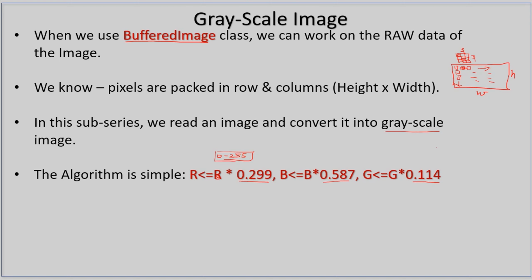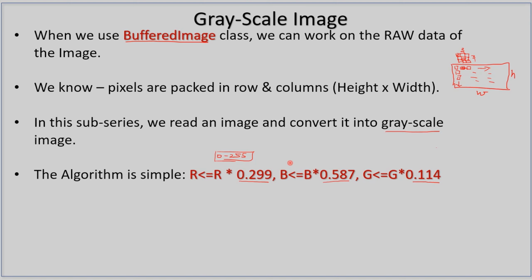Here if you see, the red component intensity is reduced to some extent. Similarly blue and green. A higher weightage is given to the blue component, the next higher weightage is given to red, and green is given the lowest weightage.